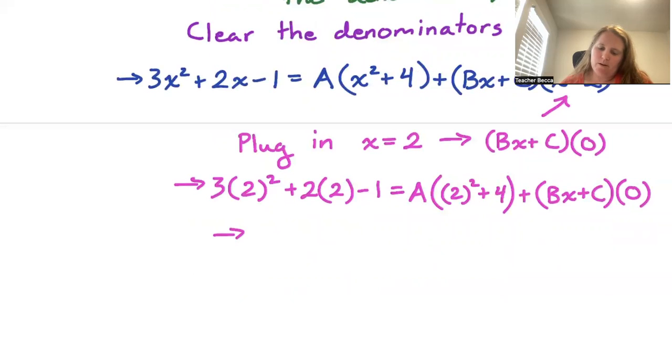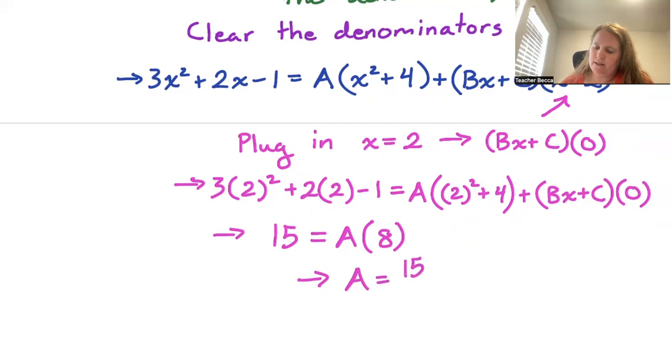That winds up giving us, let's see, 2 squared is 4 times 3 is 12, plus 4 would be 16, minus 1 is 15, is equal to a times 8. And so our a is 15/8.